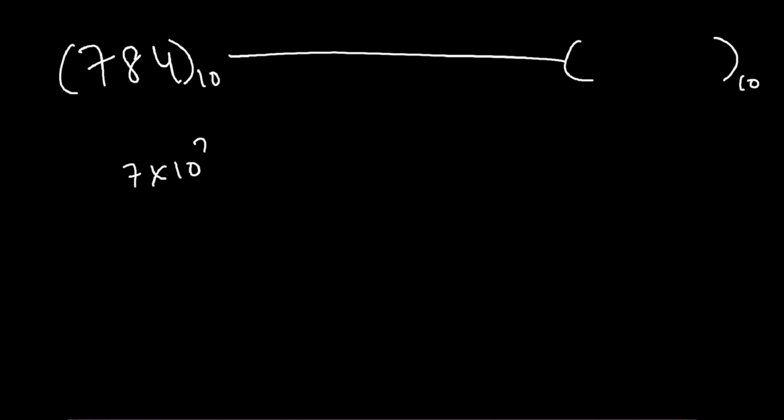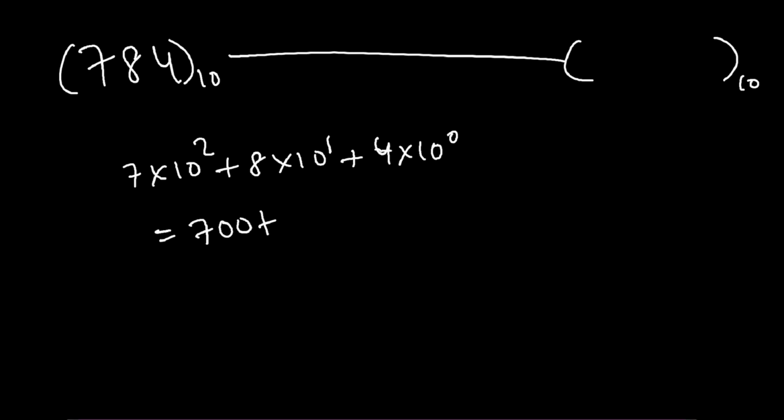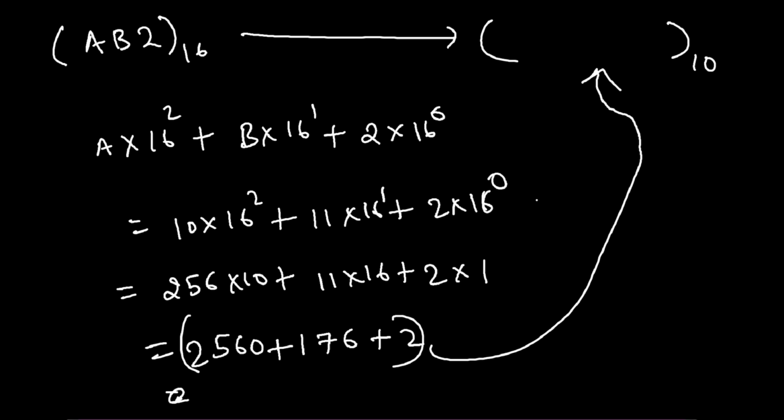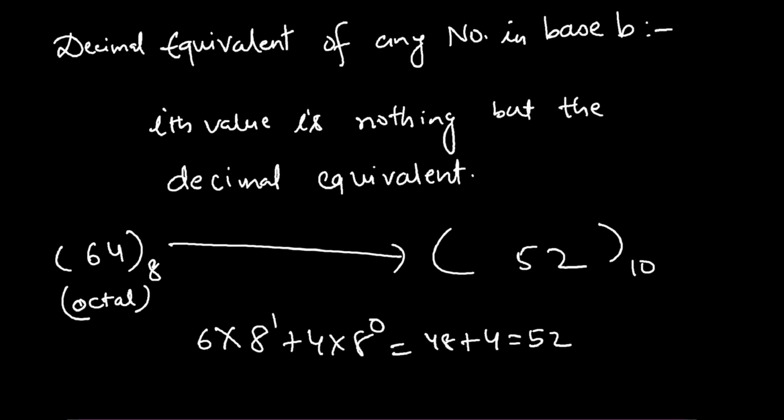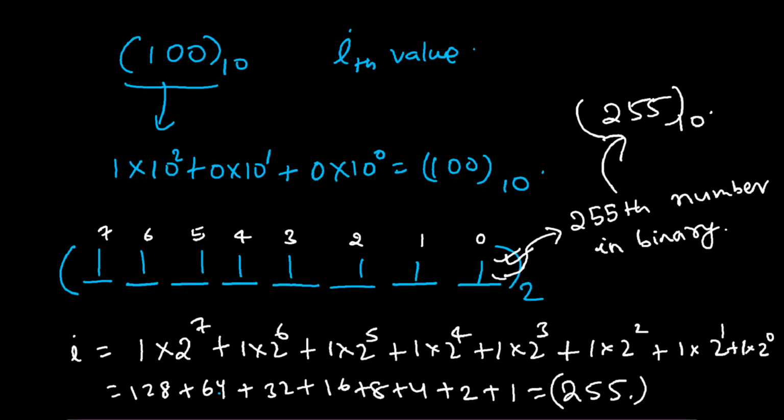So 7 into 10 to the power 2 plus 8 into 10 to the power 1 plus 4 into 10 to the power 0, which is nothing but 700 plus 80 plus 4. So all of this calculation or counting that you are doing is in terms of the decimal number system only. I will just recap it once, and this is finished.